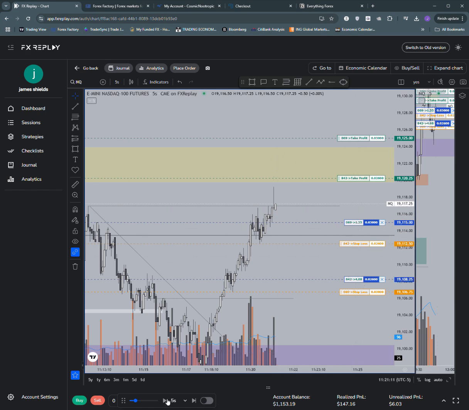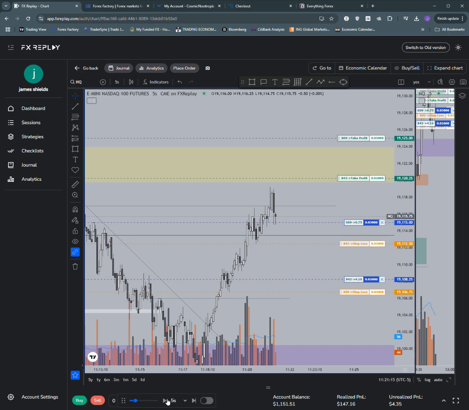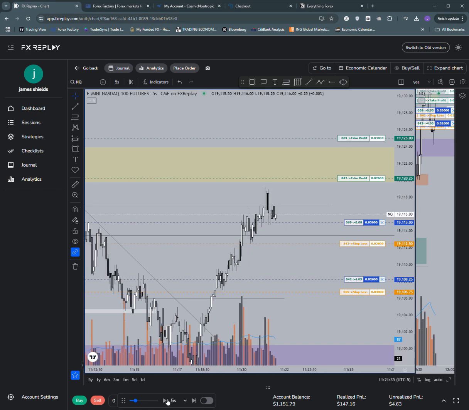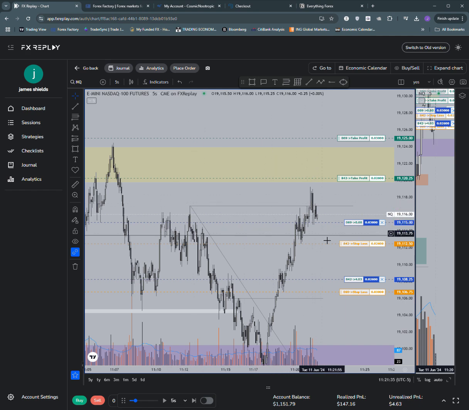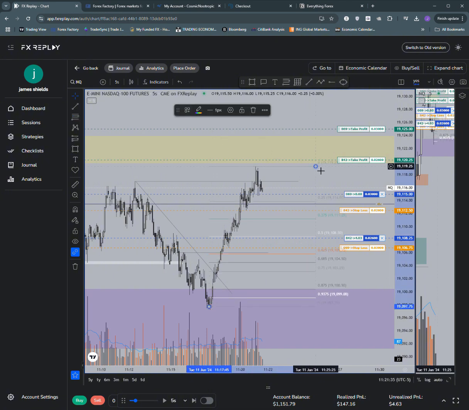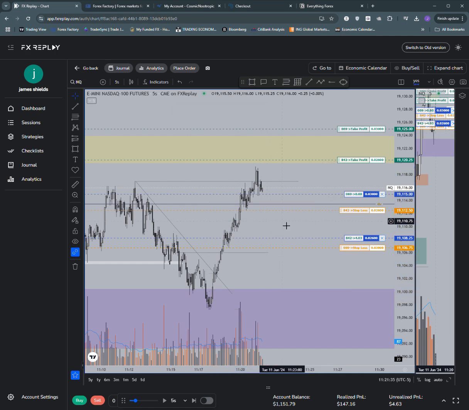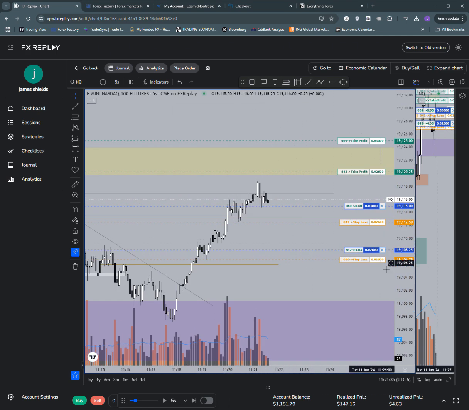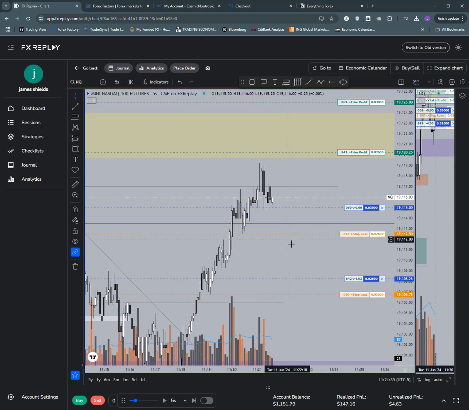Okay. I don't want to see it really returning back into the range. If price does return back into the range, we got 50% here. 0.69.